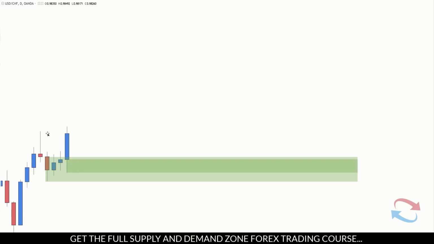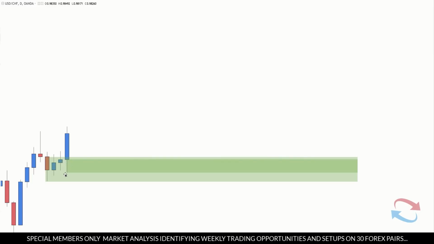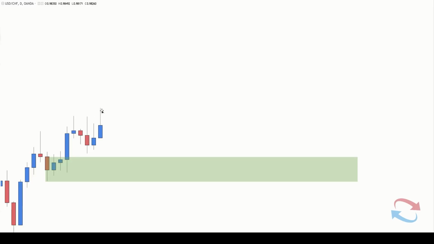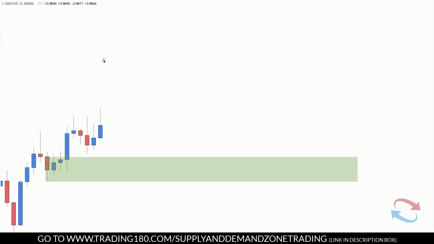So this also creates, if you know the eagle eye amongst you, some hidden demand as well around here, because the candle actually went below the previous candle's low and closed above the previous candle's high as well. So this was also some hidden demand in that area. As we go forward, prices continue to make higher lows and higher highs.